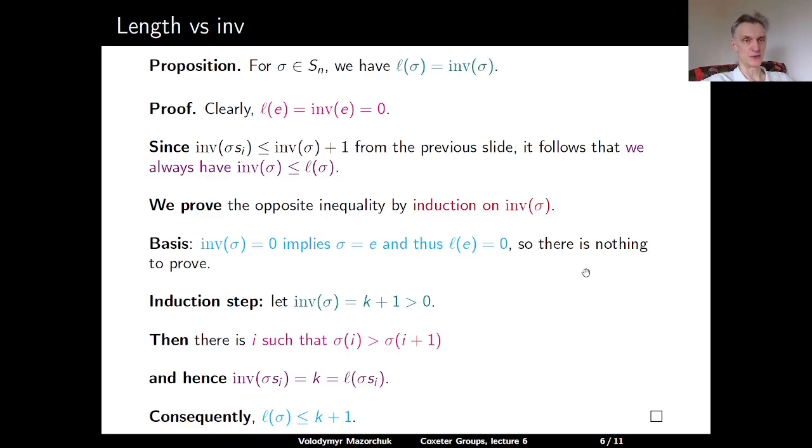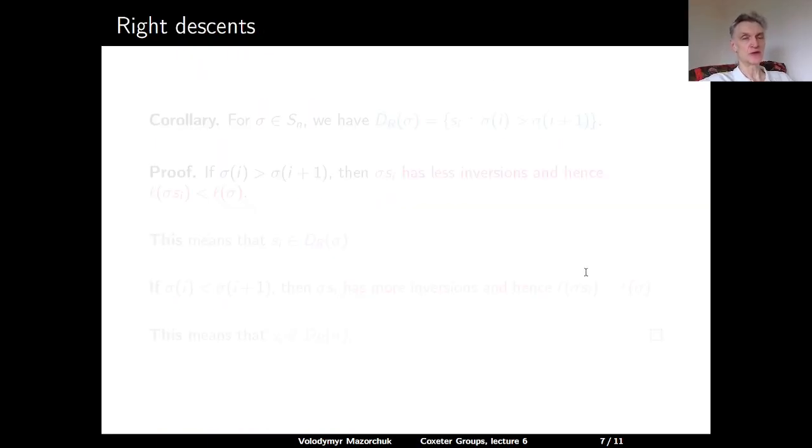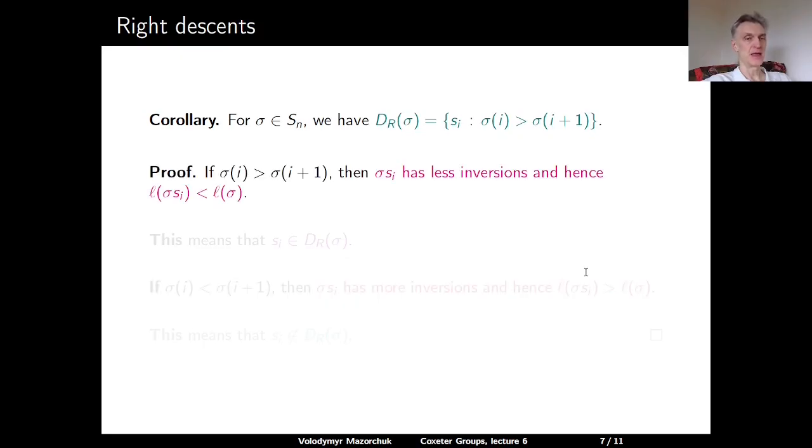This completes the proof. We can also combinatorially describe the right descents in permutations. So, corollary: for sigma in Sn, the right descent set of sigma consists of all elementary transpositions Si for which sigma of i is strictly greater than sigma of i plus 1. Proof: if sigma of i is greater than sigma of i plus 1, then sigma Si has fewer inversions and so the length is smaller, which means that Si is in the right descent set.